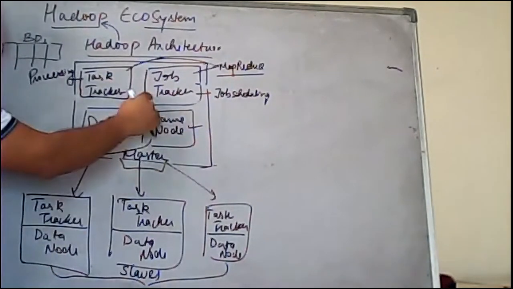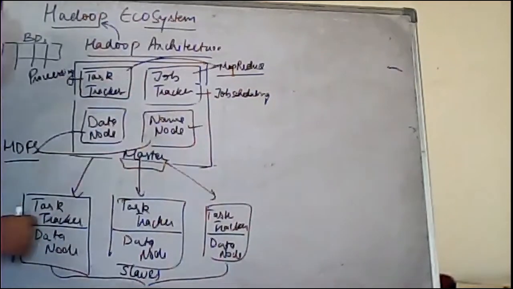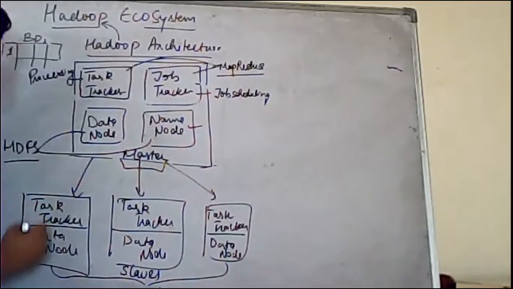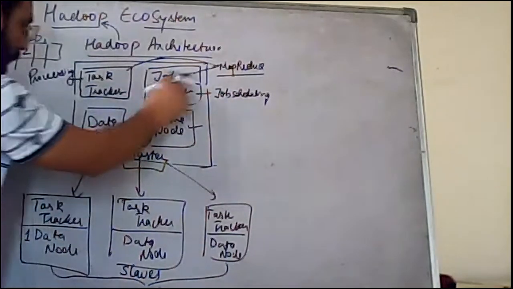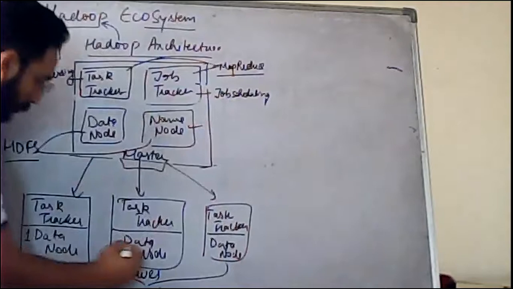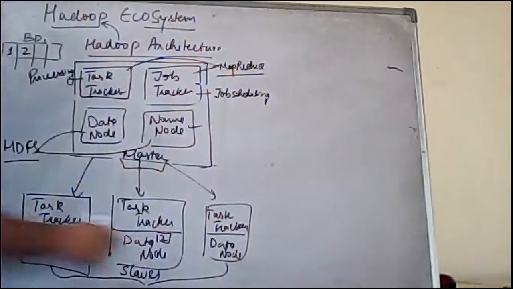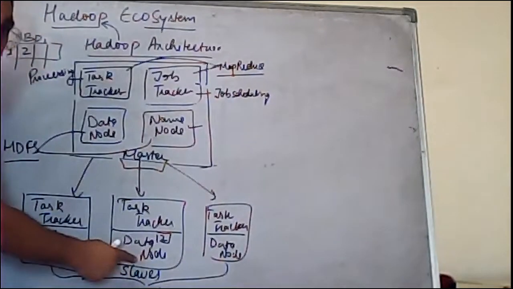It will schedule or divide these jobs and store them in different slaves. If I say this is job 1, it will be stored in data node 1. Then job 2, job tracker will schedule this job to this node. This block is distributed to a slave node, and it is stored in the data node of the slave.